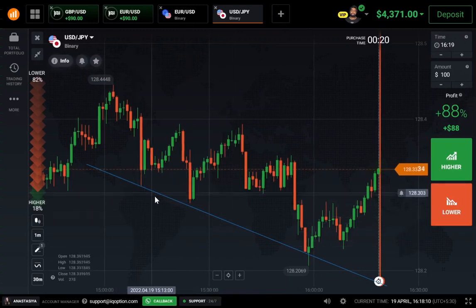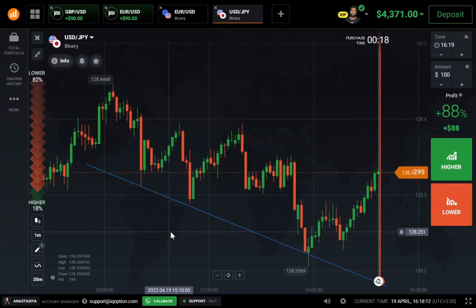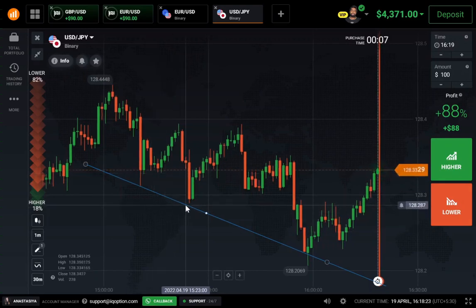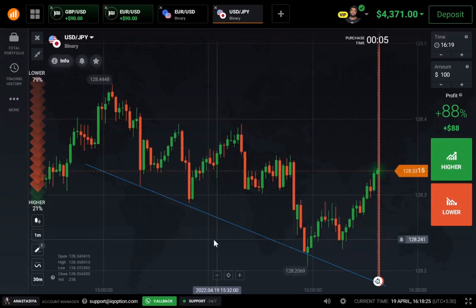So what we understand from this is that to draw a valid trend line, the trend line should have at least touched and been rejected by the market 3 times, or price should have come there and hit and bounced back. Okay, at least 3 times. So that's where we call a valid trend line.